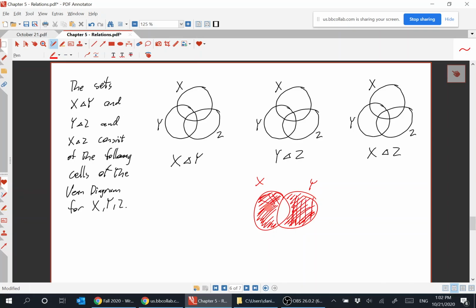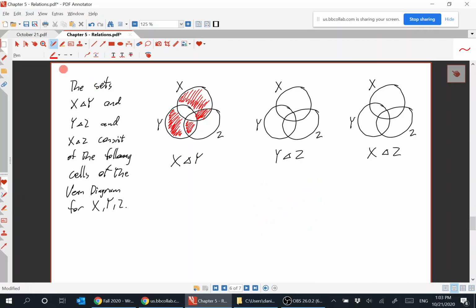It consists of every cell except X and Y and X, Y, and Z, and the Z without the X and Y. So it's this cell, this cell, this cell, and that cell. So within the Venn diagram for 3 sets, they're right there.